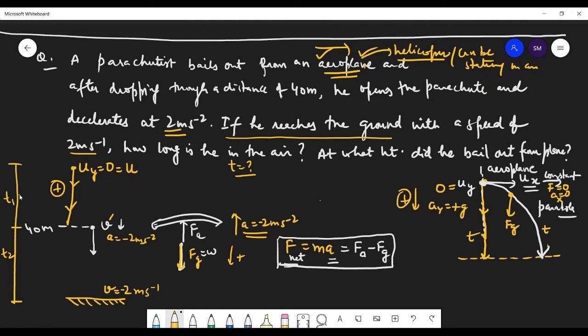This is h1 and this will be h2, or can we take it as only h? Of course here the acceleration was 9.8 meter per second square, so these are two different cases because acceleration is different. We use the equations of motion when the acceleration is constant, but here the acceleration has changed, so you have to use separate equations.